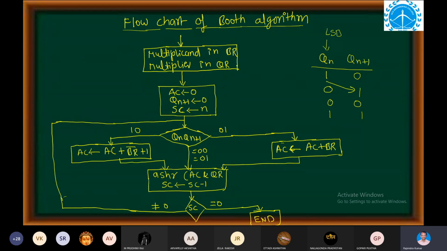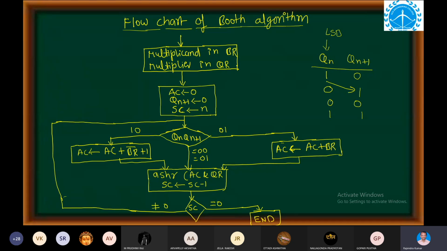At last I check whether the sequence counter is 0 or not. If it is not 0, again I do the operation, like addition, subtraction or simply shifting. If it is equal to 0, the process stops. So this is the flow chart of both algorithms.